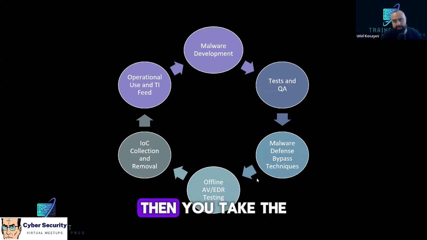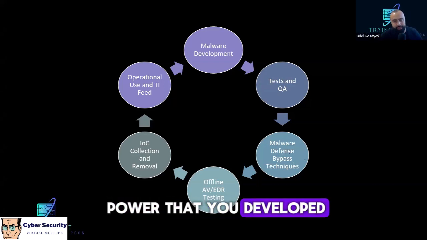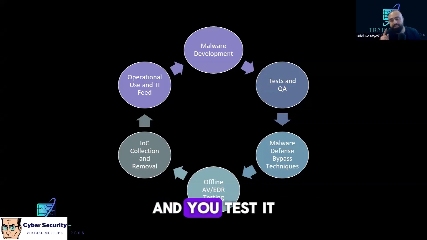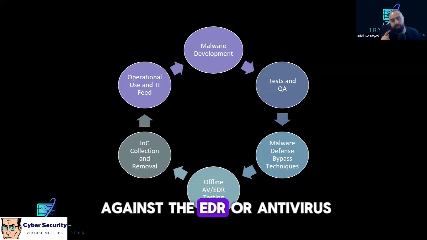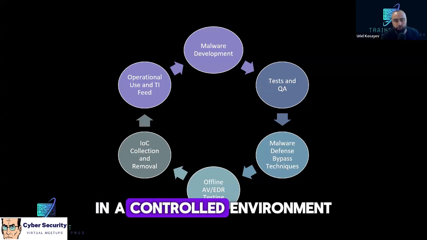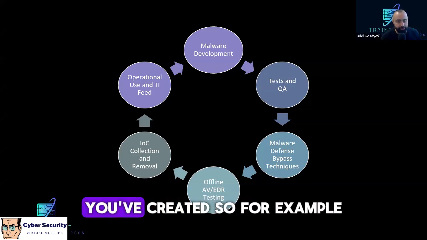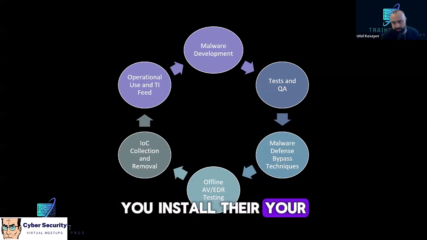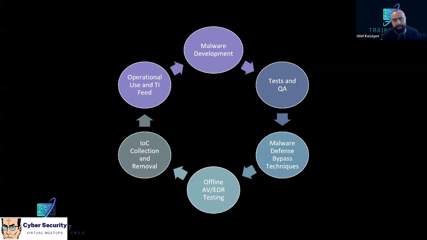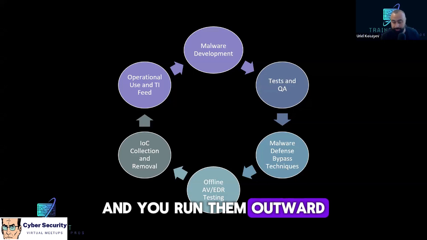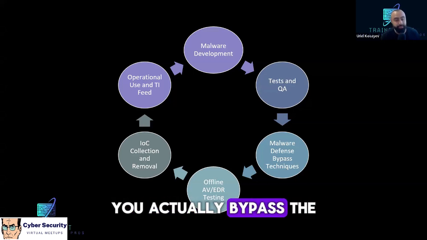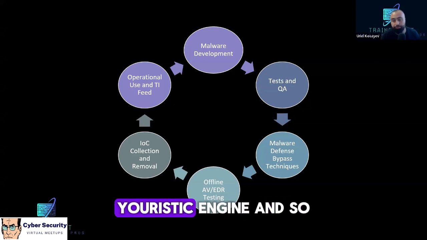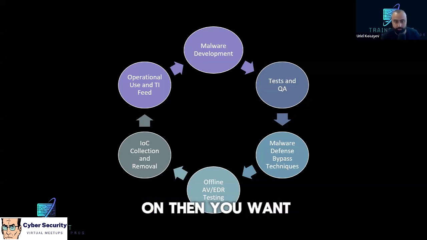Then you take the malware that you developed with the implemented bypass techniques and you test it against the EDR or antivirus in a controlled environment or lab that you've created. For example, you create your own virtual machine, install your EDR or antivirus there, and run the malware. Then you need to validate that you actually bypass the EDR entirely in the static engine, the dynamic engine, the heuristic engine, and so on.